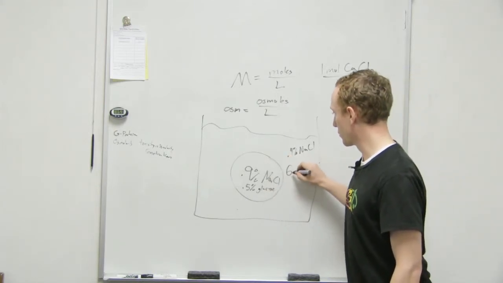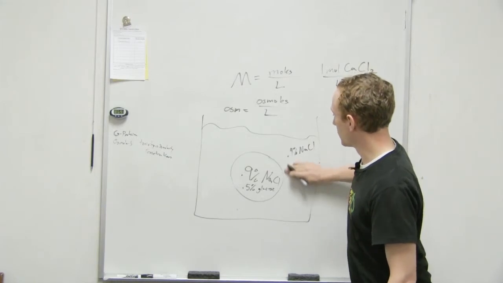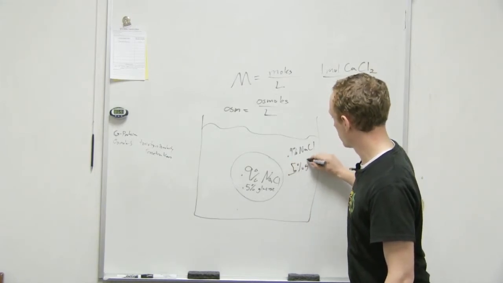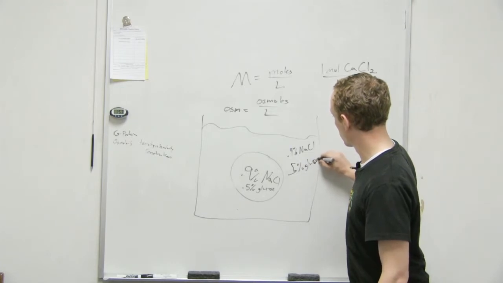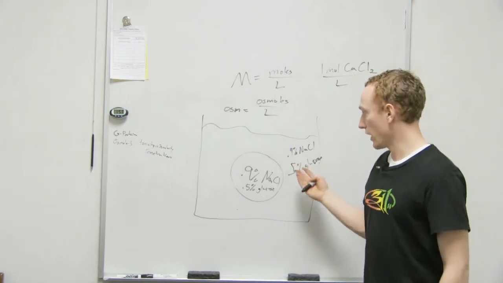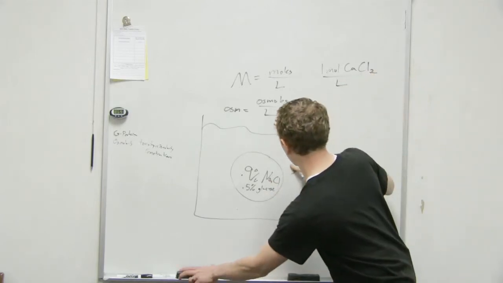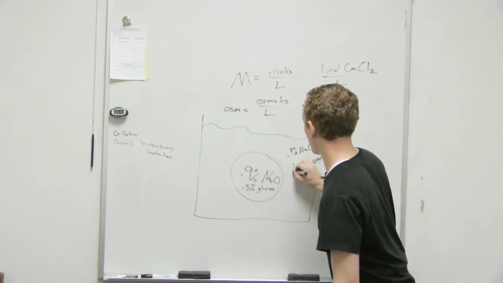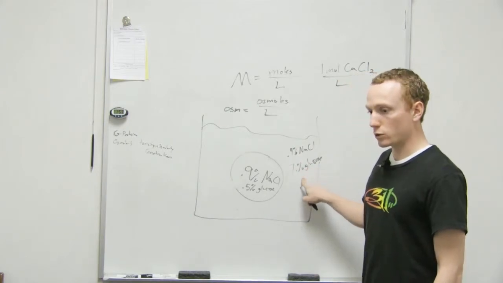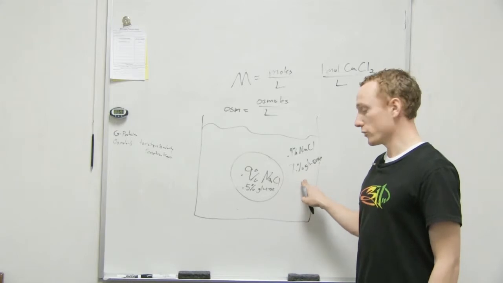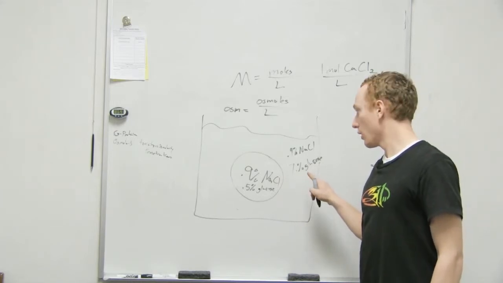If I said 5.5% glucose, it would be the same as the isotonic, so it's isoosmotic and isotonic. But if I said it was 7% glucose, so a lot more glucose out here, who has more pens? The outside. So that has to do with hyperosmotic.